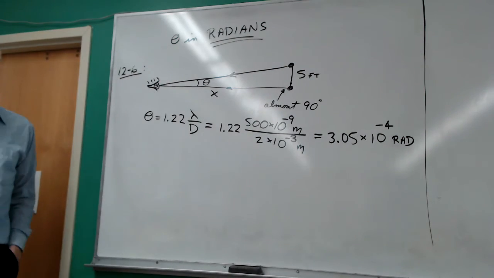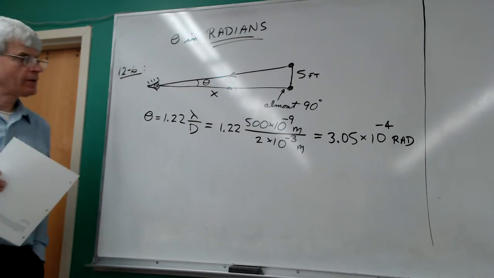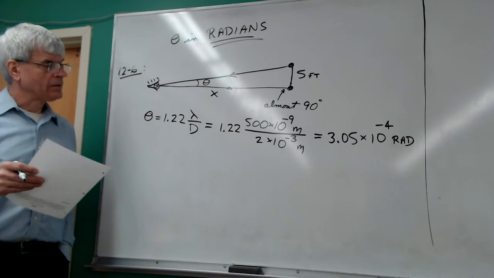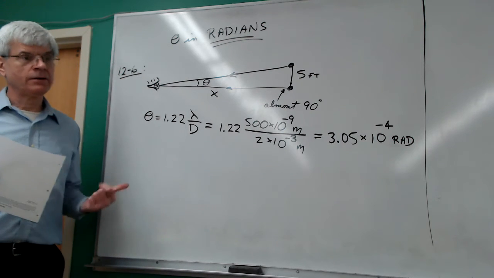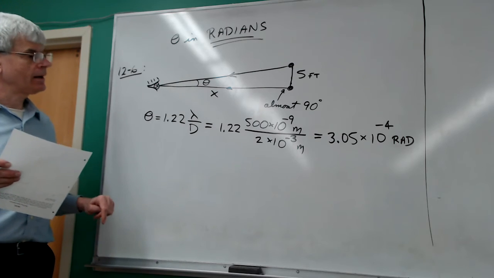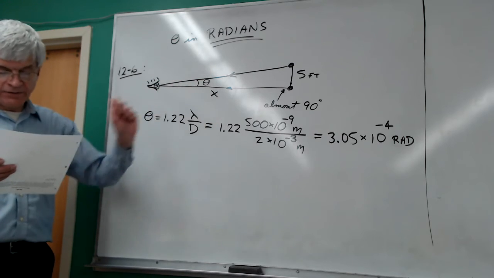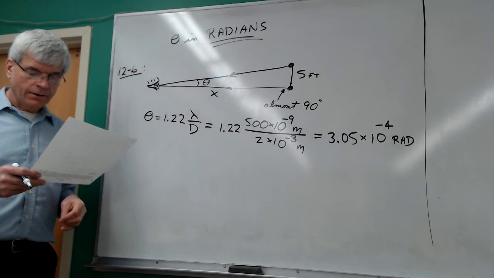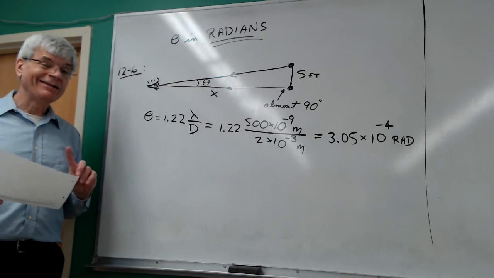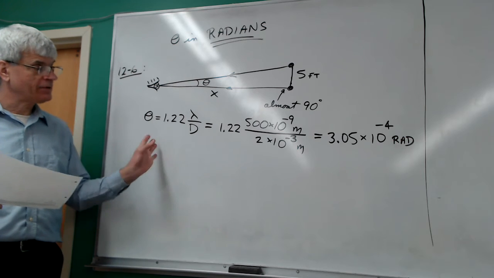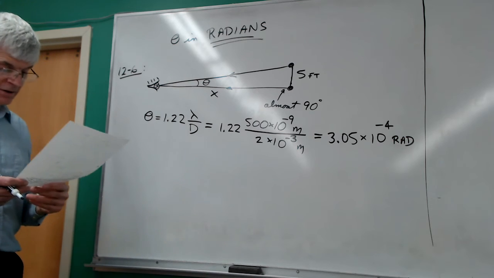So the angle between those light rays headed into your eye is a little more than 0.0003 of a radian. Okay, so again, that comes out in radians, not degrees. Now, there is actually another shortcut you can take. And if you don't like shortcuts, then go ahead and punch it up on your calculator.